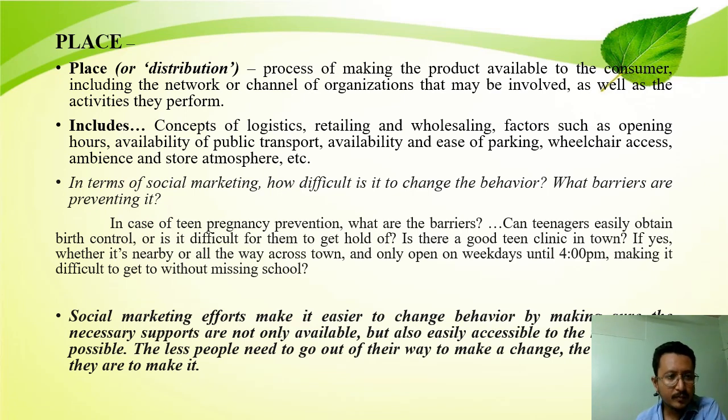Again, the aim of the social marketers would be to make the product very accessible and available to the consumers, so that the barriers against achieving the desired change are reduced.